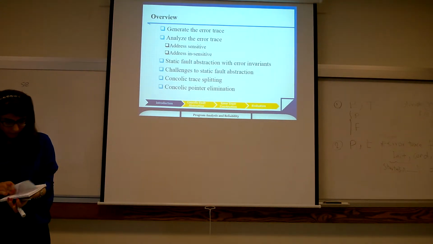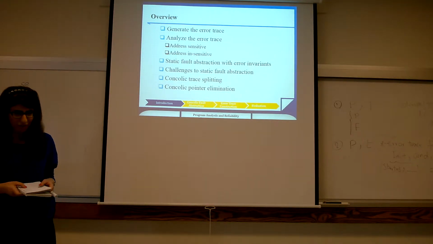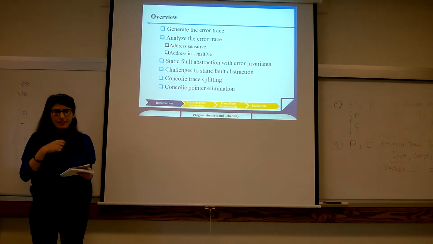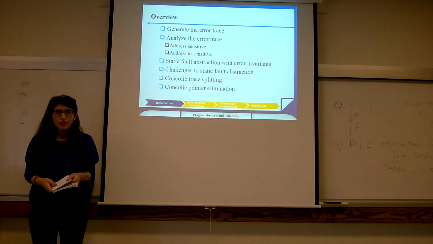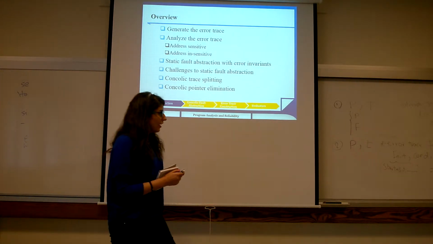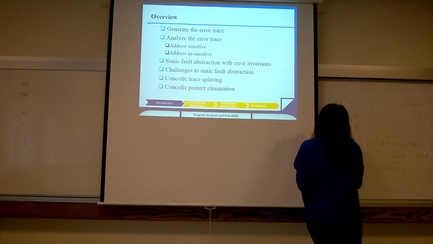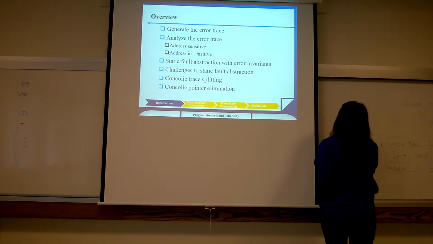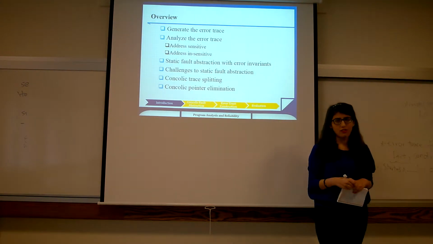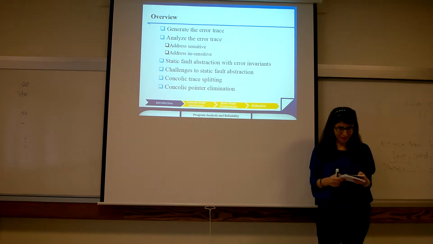So now we want to see how their algorithm works, right? First, they generate the error trace. We talked about error trace, right? What they do is instrument the program.